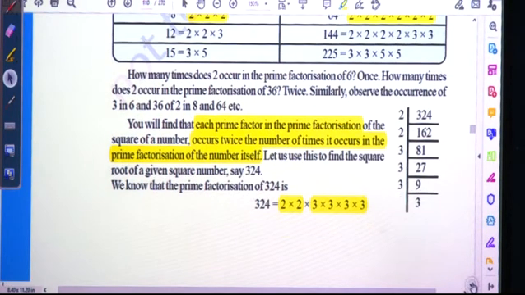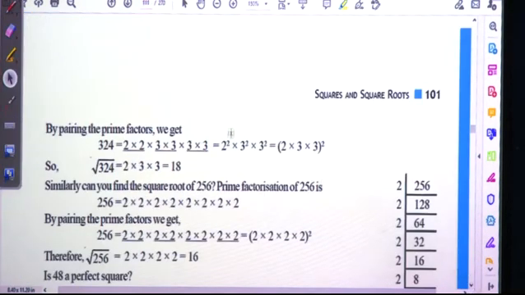Okay. Proceeding further, by pairing the prime factors, pairing means making a group of 2 each, we get 2 into 2, 1 pair, 3 into 3, 1 pair, again 3 into 3, 1 pair.